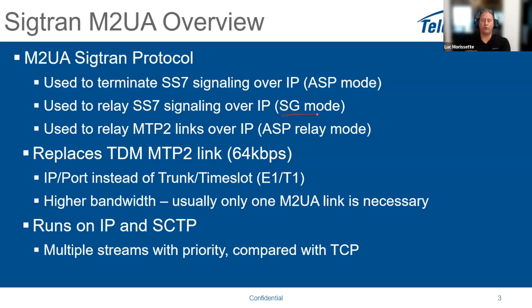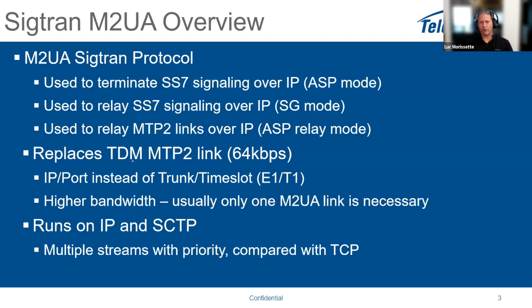We get those TDM links inside the device, and then we send that out to an IP network. The upper SS7 layers remain there. And the third mode we have is relaying MTP2 links over IP. So you have MTP2 links at both ends, and we use the IP network to relay the traffic end-to-end.